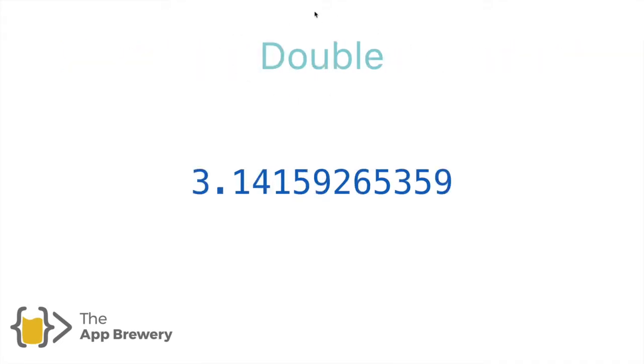The reason why it's called a double is because it has double the amount of accuracy of a float. So it can hold more numbers after the decimal place. And if we were storing pi, which of course goes on until infinity, then we can have a much more precise calculation with our pi that has a double data type.